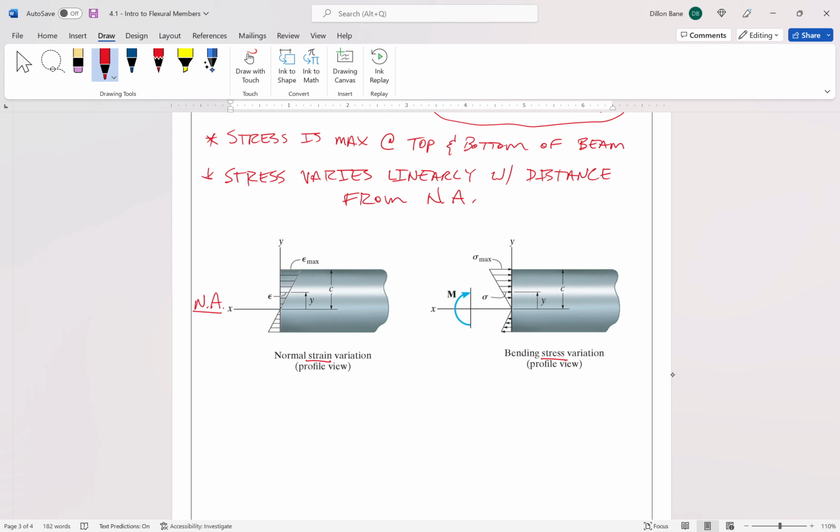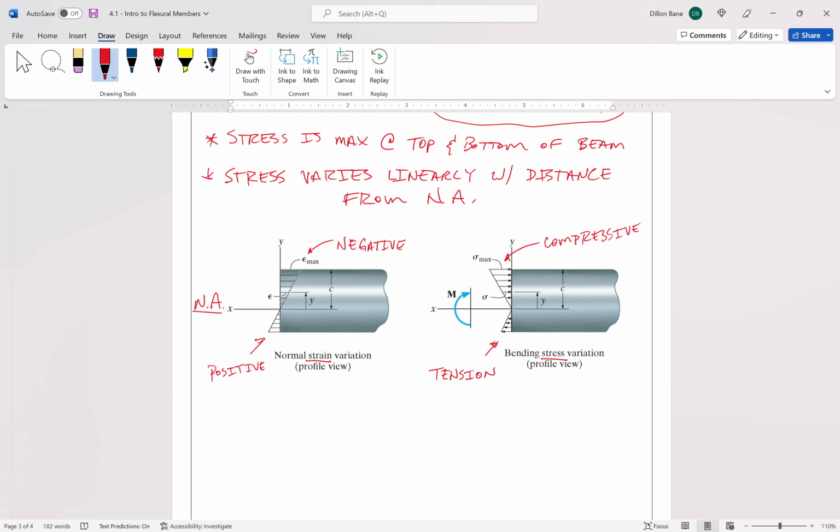What you'll see here is that we get negative strains on the top, which means it is a compressive strain, and we also get compressive stress from those compressive strains, right? That makes sense. Same thing on the bottom of the beam, where we have positive strains, we get positive stress, which is just our general sign convention, we have always assumed that positive is tension and negative is compression, right?